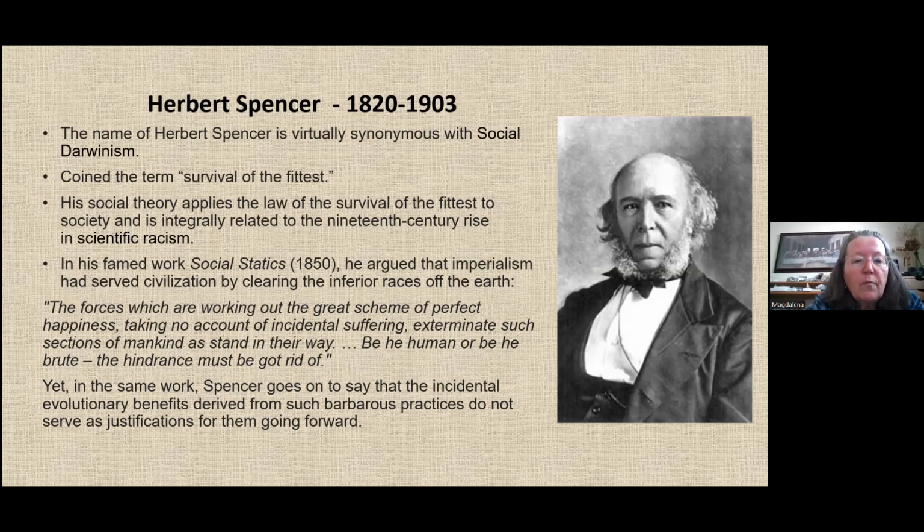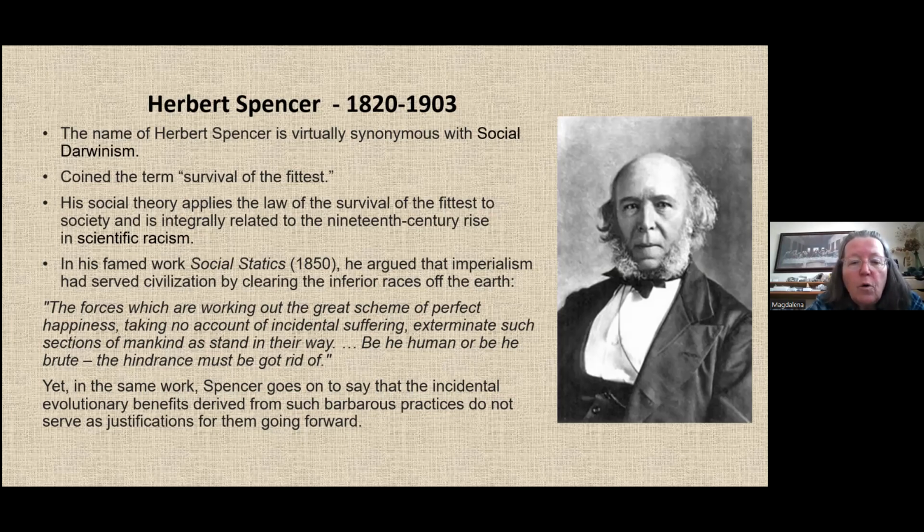He wrote a very famous book called Social Statics, and he argued that imperialism had served civilization by clearing the inferior races of the earth. Quote, the forces which are working out the great scheme of perfect happiness, taking no account of incidental suffering, exterminate such sections of mankind as stand in their way.